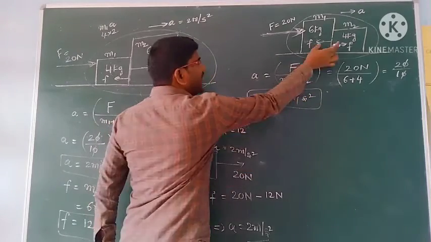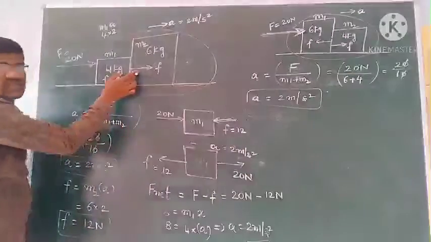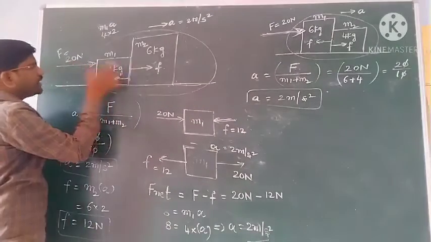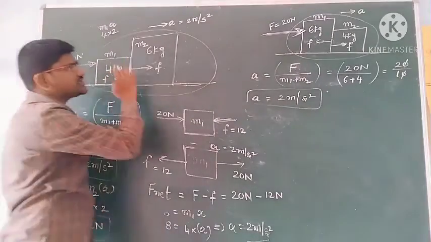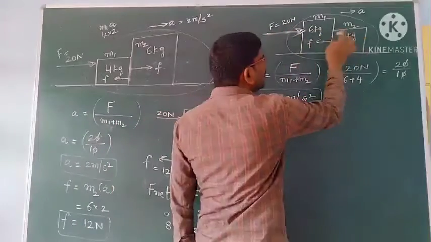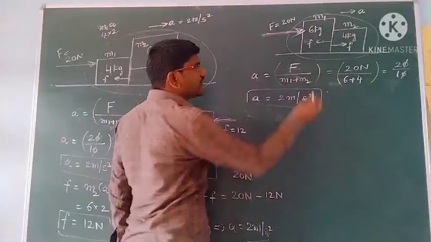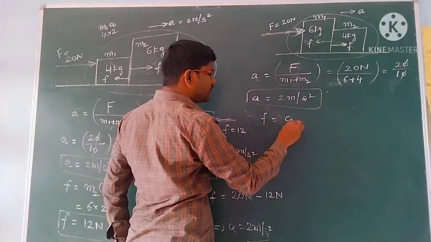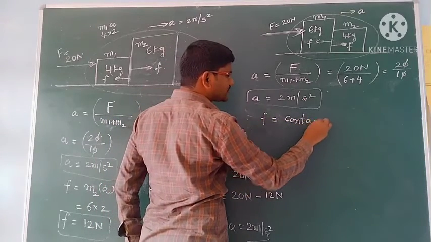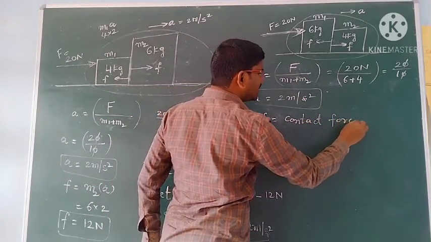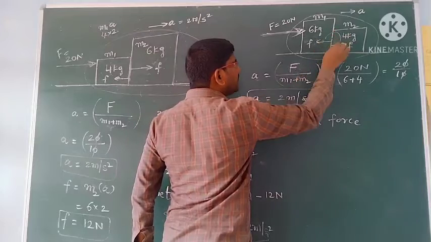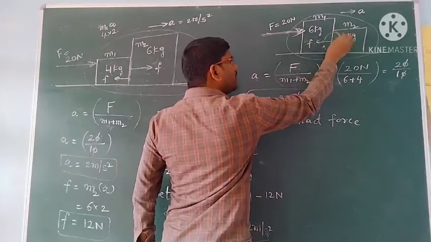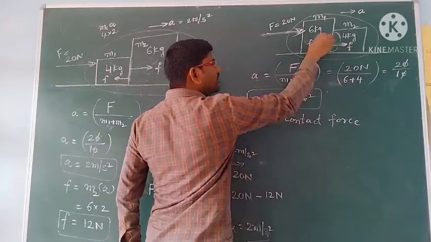Here the acceleration is the same, but the contact forces won't be the same, because our applied force is moving 4 and 6, and here also the applied force is moving 6 and 4. Now see students, contact force means small f. The contact force exerted by A on B and by B on A are the same forces only, but A on B acts to the right side and B on A acts to the left side.